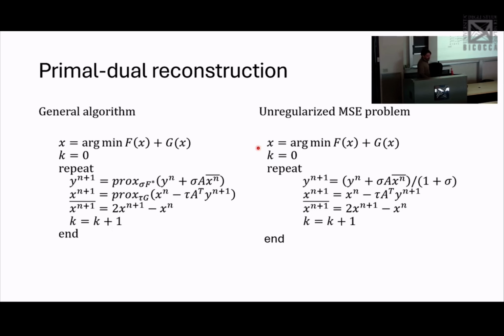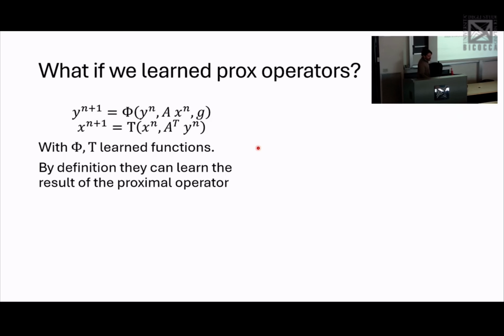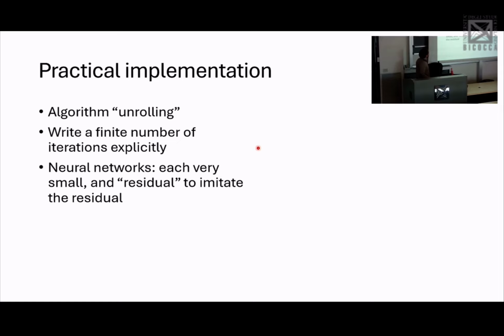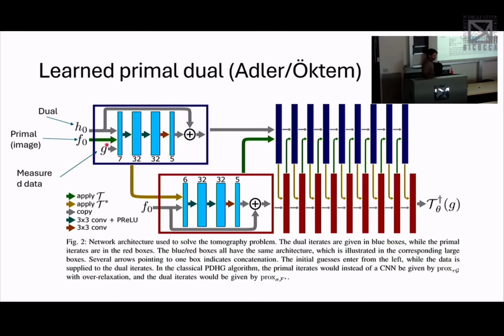Let's skip this algorithm and the mathematics behind it. What we can do is the so-called unrolled neural networks, which have this kind of structure here. So you work on the data from the detector and on the images, and you have some very small networks working in parallel. You compare the fitted data with the measured data.